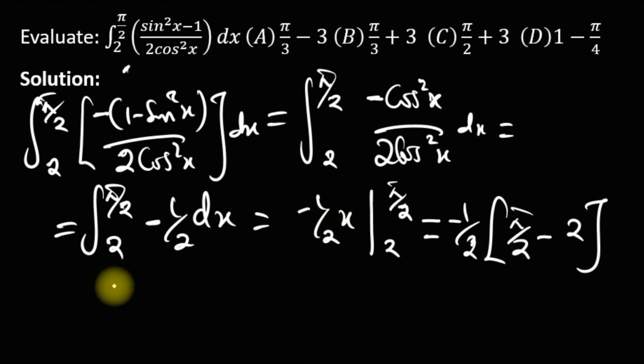Remember, that's our formula for a definite integral. We have minus 1 over 2 times, that is minus pi over 4. Minus half times minus 2 is plus 1. So the answer is 1 minus this. The answer is option D.